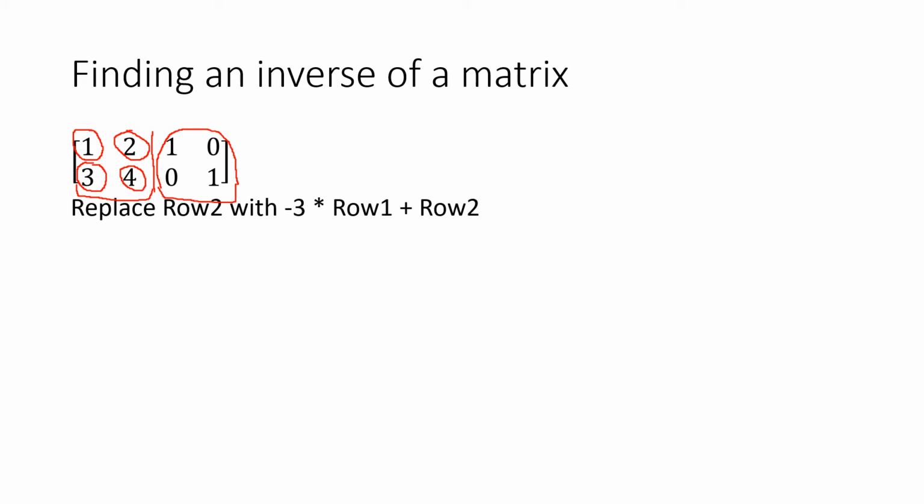So to get rid of that 3, we're going to mimic the elimination process and multiply -3 times row 1 plus row 2. And when we do that, row 2 is modified. -3 times row 1 plus row 2 creates the 0 value that we wanted in this entry.